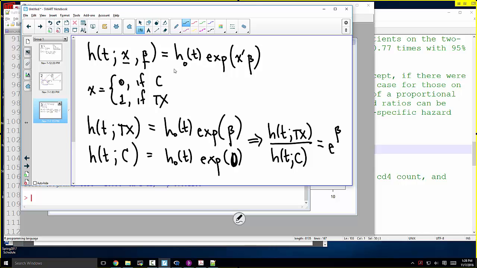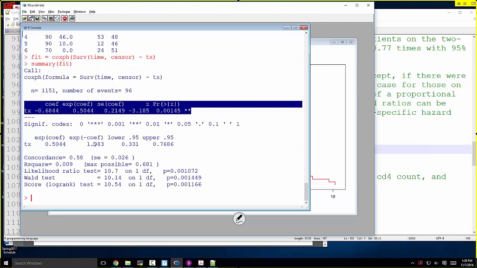And the estimation routine that Cox proposed gets rid of that baseline hazard. So there is no baseline hazard that we estimate with the Cox proportional hazards. We only look at the piece that has the covariates in it. That means when we fit one of these, there will not be an intercept.